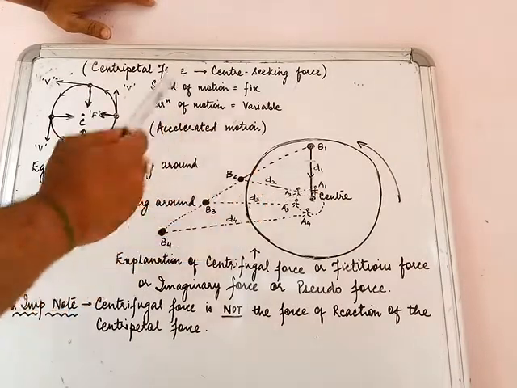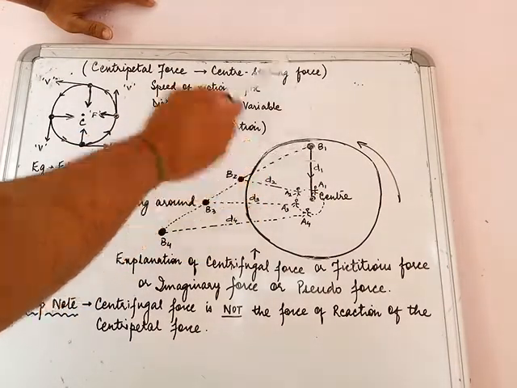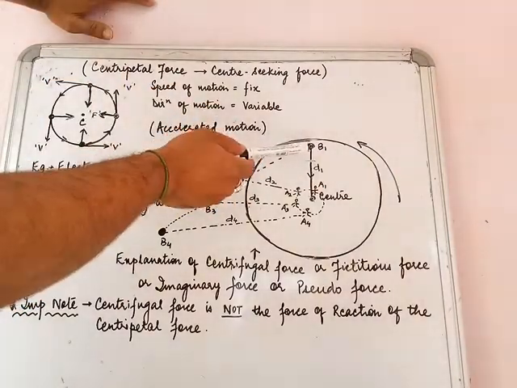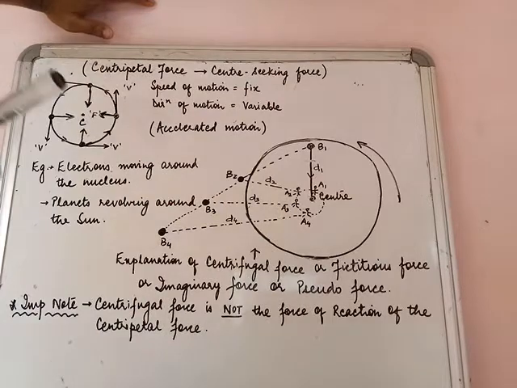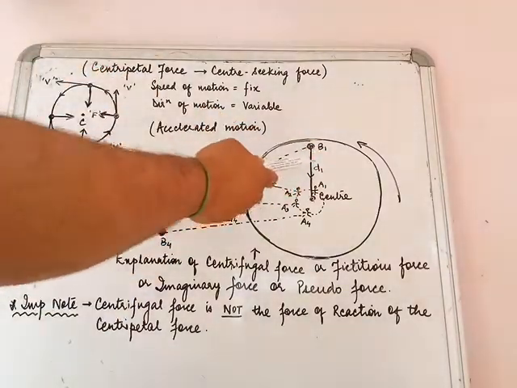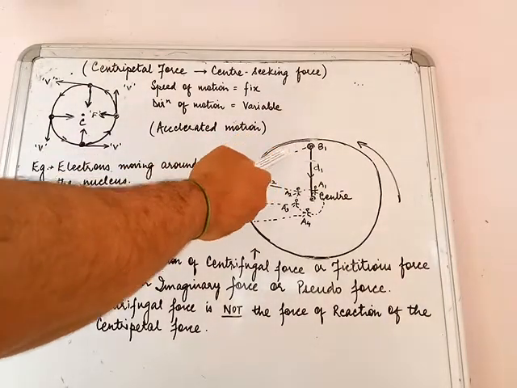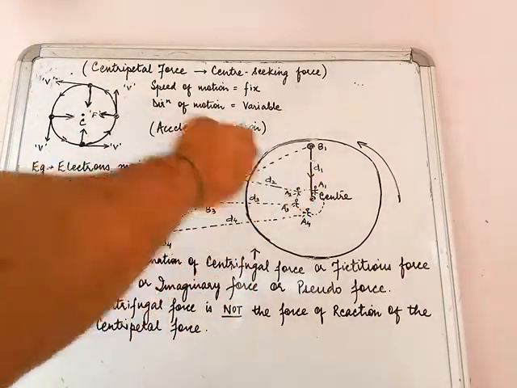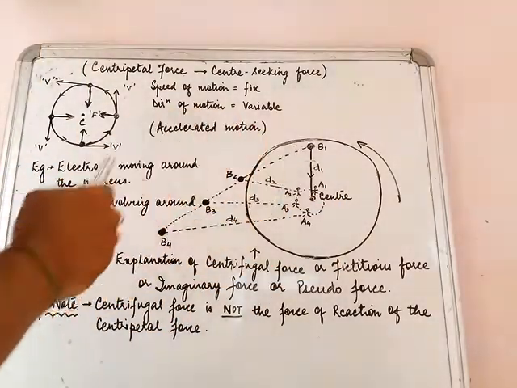Now how does he explain this particular force, the centrifugal force? He stands over here. Suppose this is the first situation in which the ball is over here, and we cut the string over here. So at this particular point we have cut the string, so there is no more tension in the string. So will this ball continue to go round and round? No. The moment the string is cut, the ball becomes free to move.